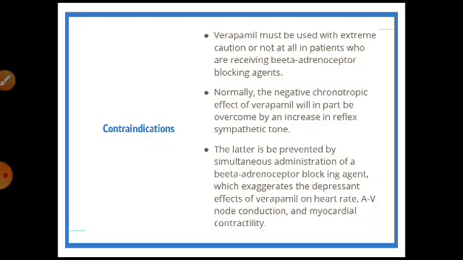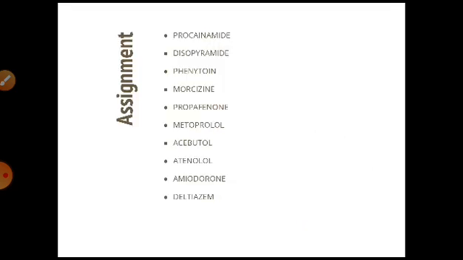Verapamil must be used with extreme caution, or not at all, in patients who are receiving beta receptor blocking agents. Normally, the negative chronotropic effect of Verapamil will in part be overcome by an increase in the reflex sympathetic tone.